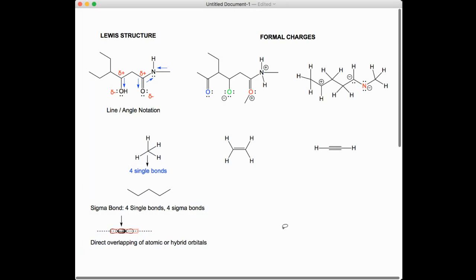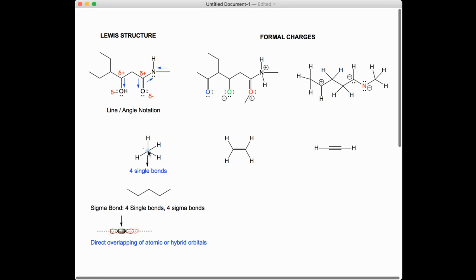Somebody's asking, are the non-shaded portions part of the sigma bonds of the atoms? Okay, remember this is a sigma orbital, which means that the non-shading has a different sign of the wave function, but there is electron density there as well. Keep that in mind. So whenever you think about a sigma bond, once again, guys, direct overlapping of two orbitals, we can say just like that for now.